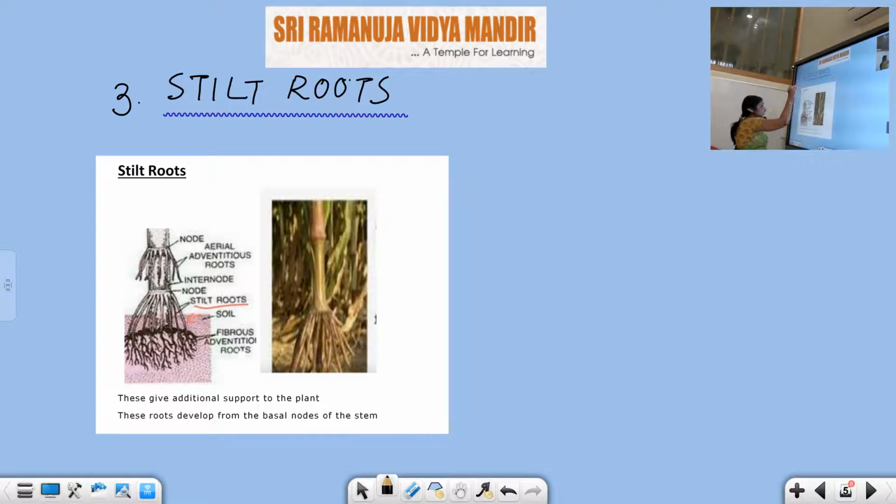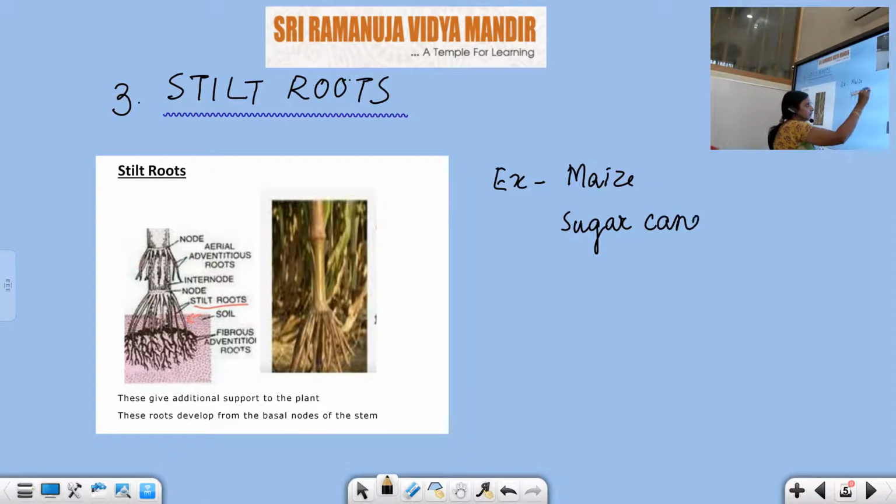If we come to the stilt root, in some plants like maize and sugarcane, here I have given only the diagram of maize, but in the example you have to remember maize and sugarcane. Here the maize diagram is given.